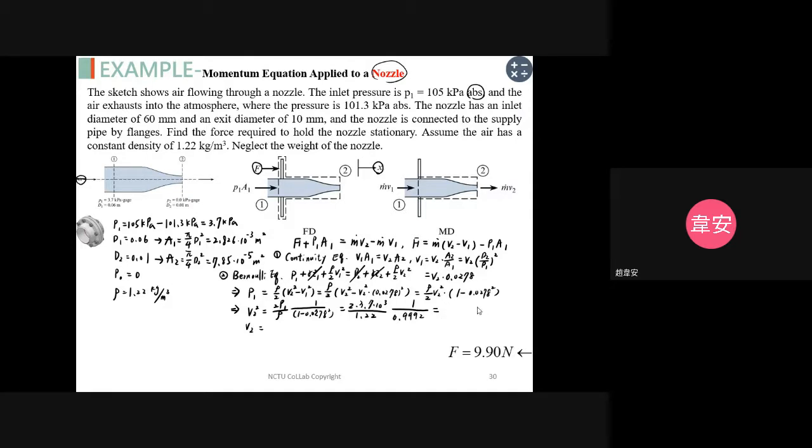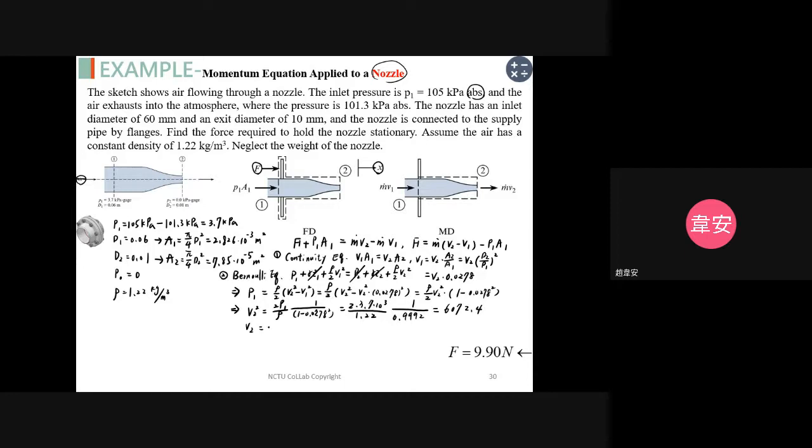So the 2 multiply 3.7 multiply 1000 divided by the density 1.22 divided by the 0.9992. So here is the 6072.4, and then we calculate the root of this number.